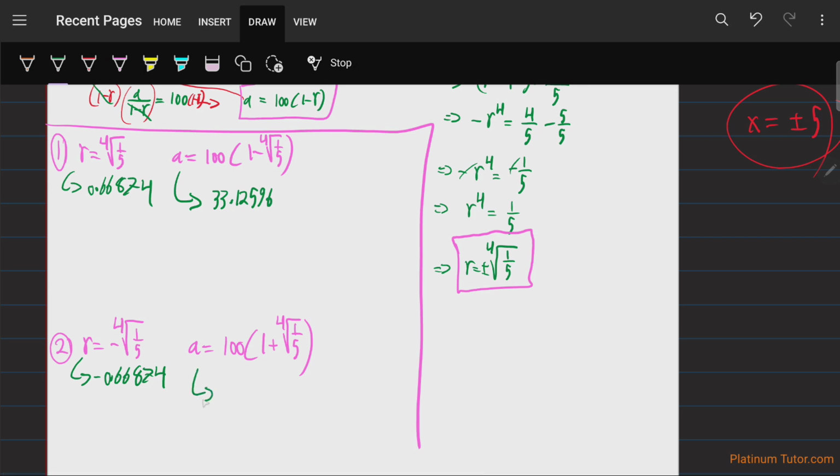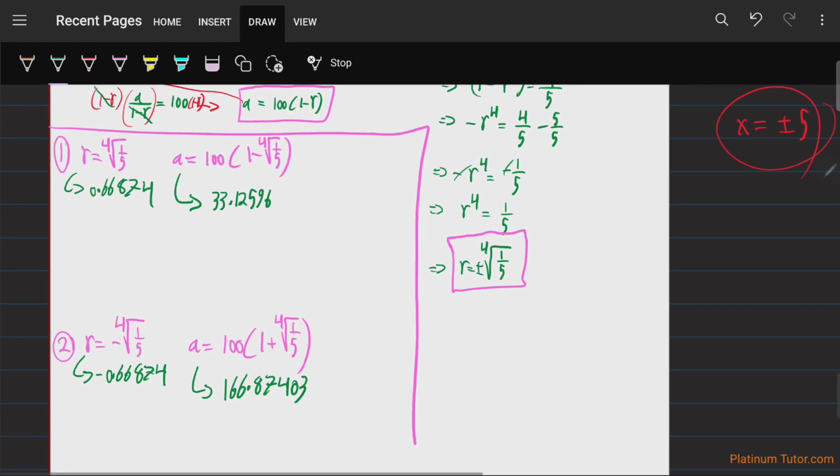And down here, change this to a plus, and this will come out to 166.87403. Those are the two possible solutions.